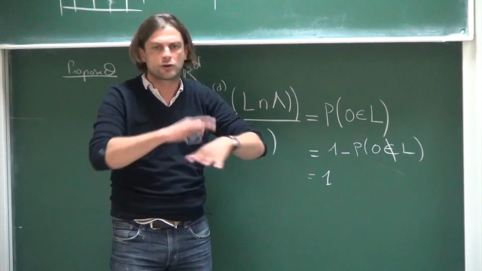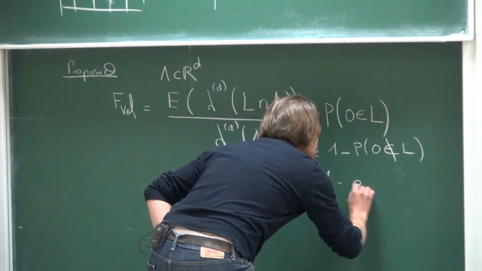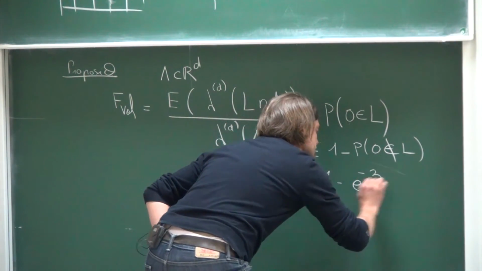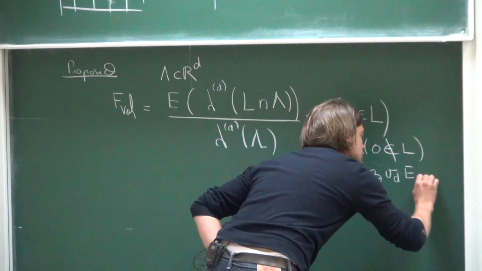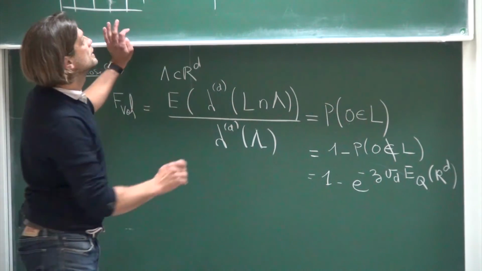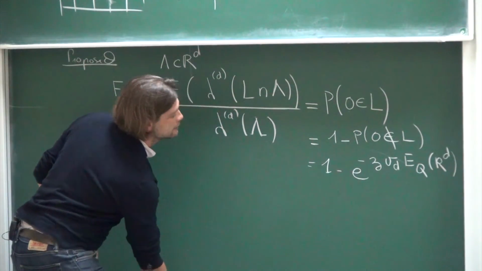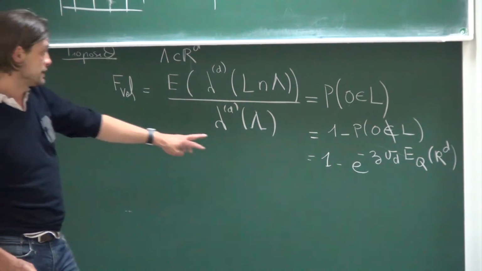It's not only 0, it works for a compact set. So I give you the formula. It's 1 minus exponential of minus z V_d times the expectation under Q of R^d. So we have an explicit formula for this part here.